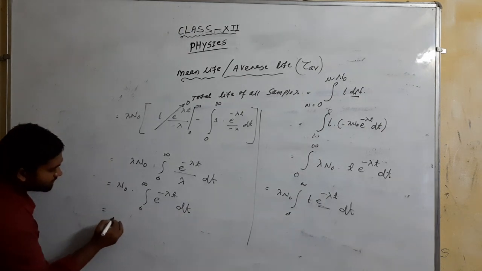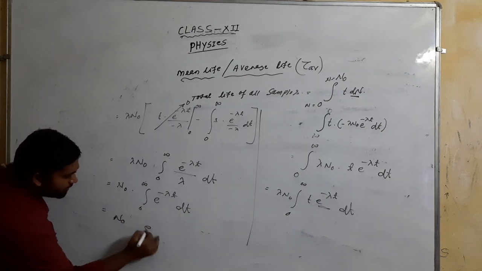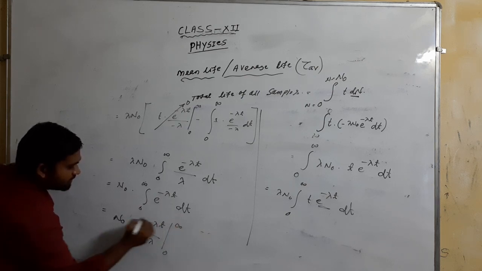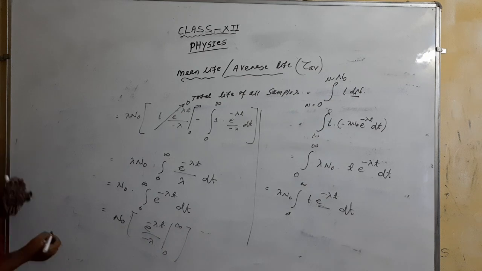So that is n0 e to the power minus lambda t divided by minus lambda, from 0 to infinity.